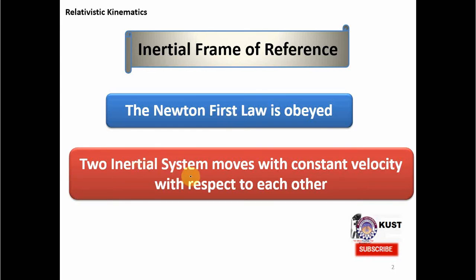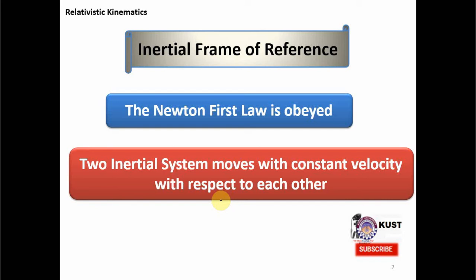Two inertial systems move with a constant velocity with respect to each other. This is the consequence of the inertial frame of reference: if we have two inertial frames of reference, then both of them can only move with constant relative velocity. So, their velocity with respect to one another cannot change. This is another check to know whether one frame of reference is inertial or not.